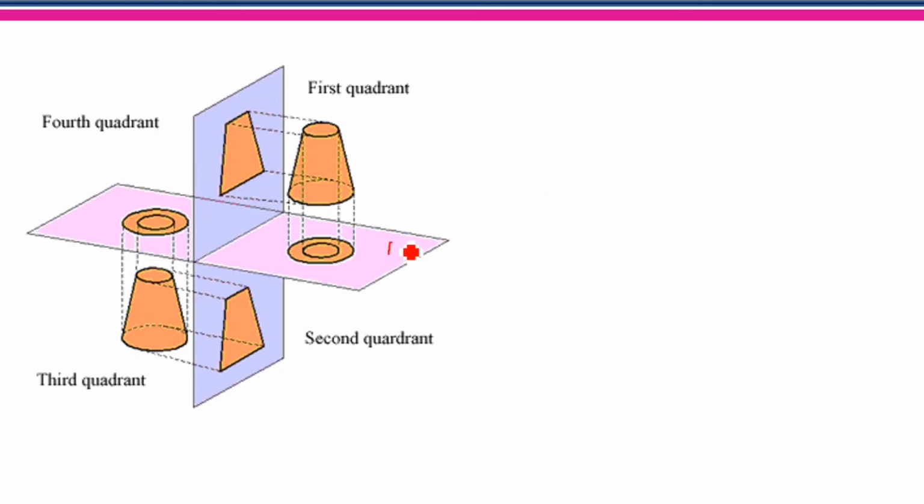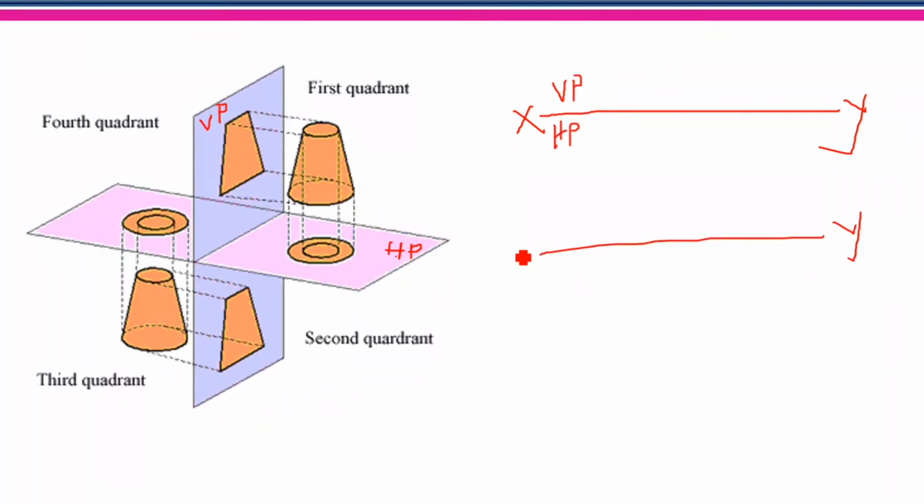See, this will be the horizontal plane, this will be the vertical plane. If you are drawing an XY line like this, for the VP and the HP, how do you project in the second quadrant? Both will be up.